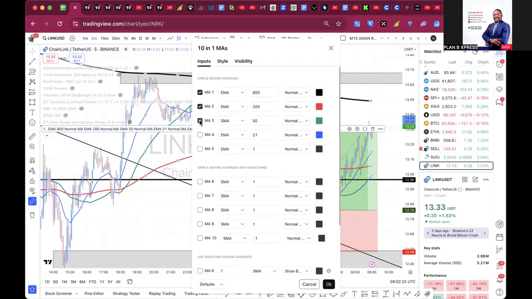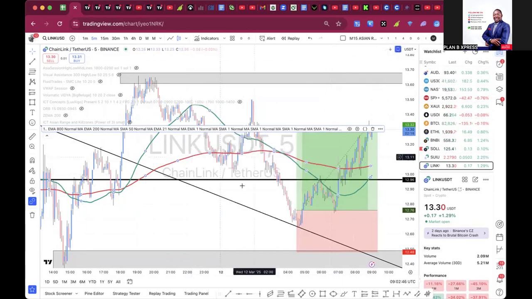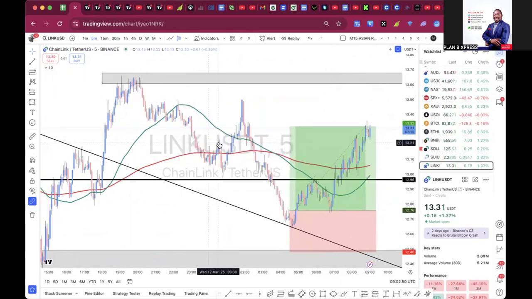So you can disable this one. Oh, sorry. So I'm just trying to meticulously put this 50 and 200 moving average. Okay, so things will not be too clumsy for you.